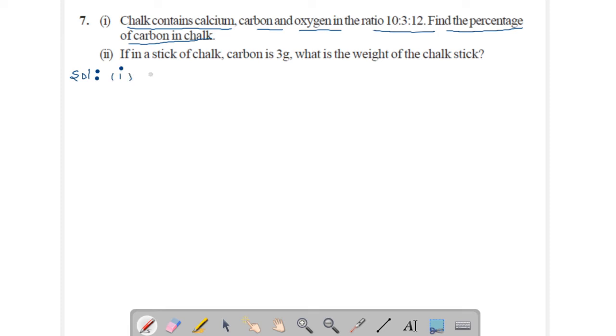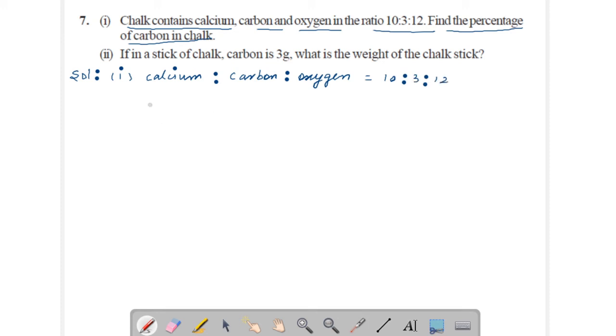Here calcium, carbon, oxygen ratio is equivalent to 10:3:12.